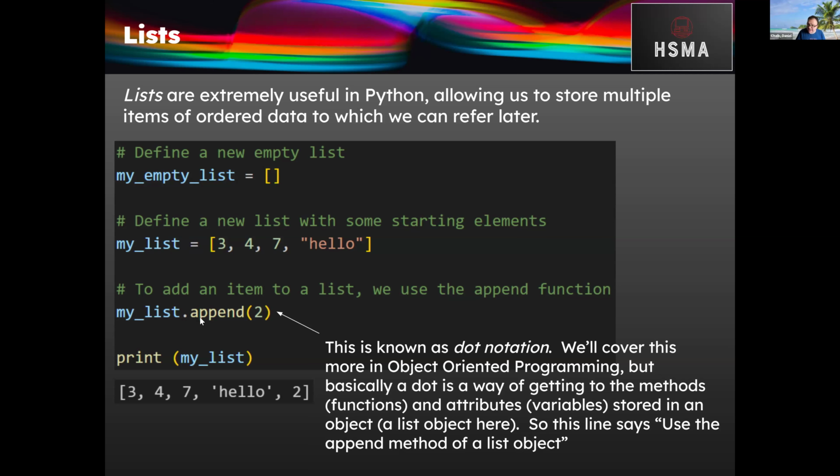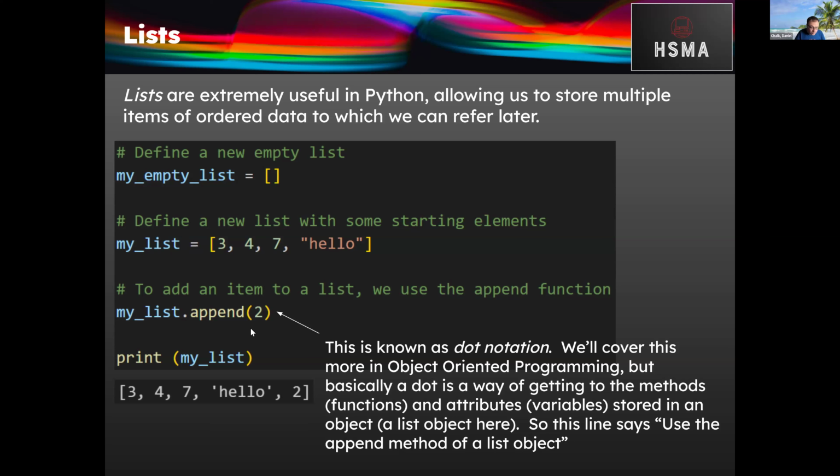Remember, in object-oriented programming, we talked about objects having things that they carry with them, information. Those are the attributes, and things that they can do, which are the methods, which are, remember, just another name for functions.